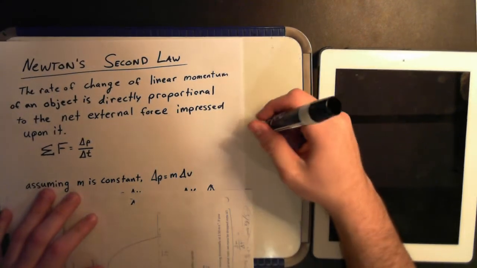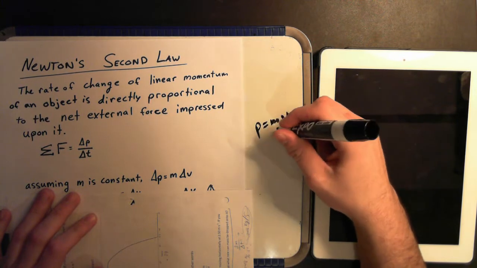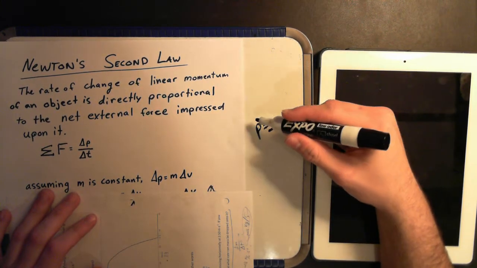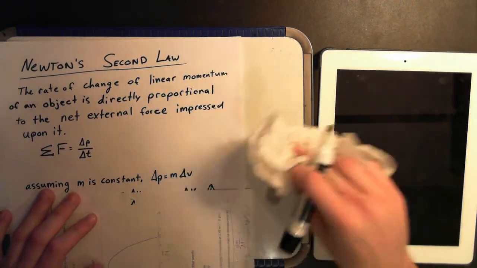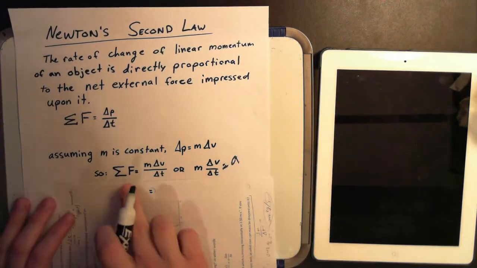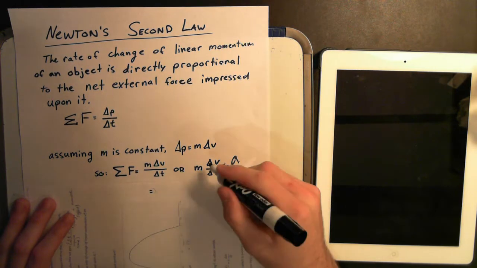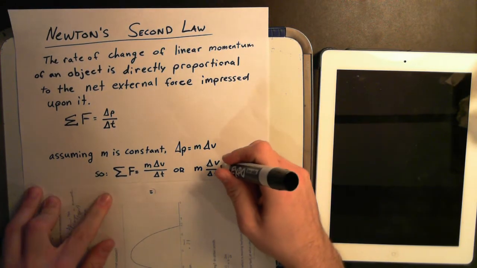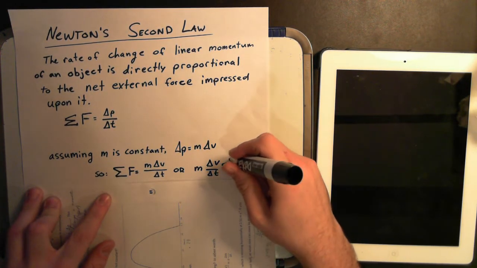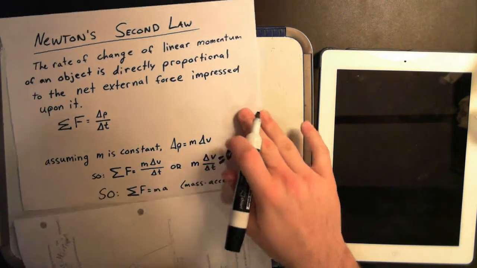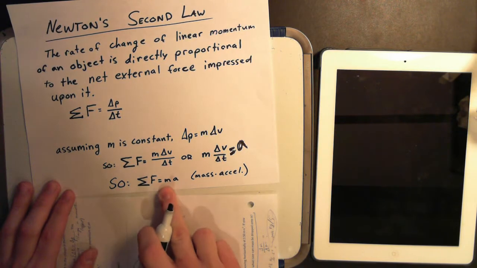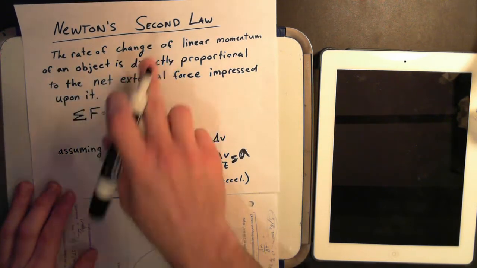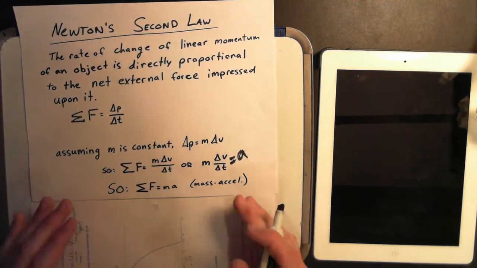If p equals mv and the mass isn't going anywhere, then the only thing that can change p is v. So we can change our equation to this, and you might recognize that part as acceleration a. So the sum of forces equals mass times acceleration, according to Newton's second law. This is the most common one that you'll be using.